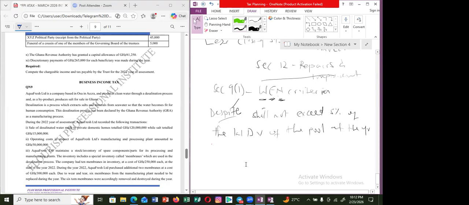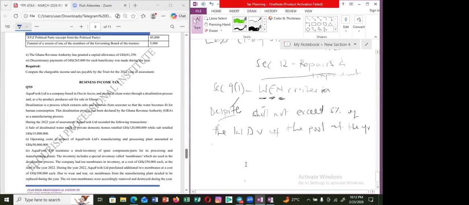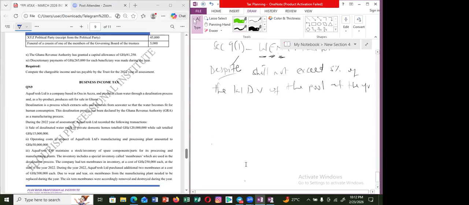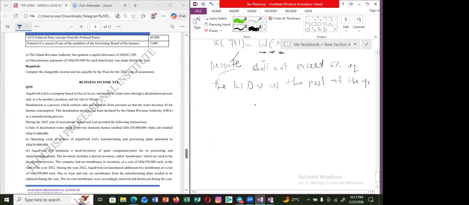Okay. So next one, section 13. Section 13 normally talks about R&D, that is research and development expenditure. Section 13 also says that you can deduct R&D if it meets section 9 subsection 1, that is, it meets the when criteria.